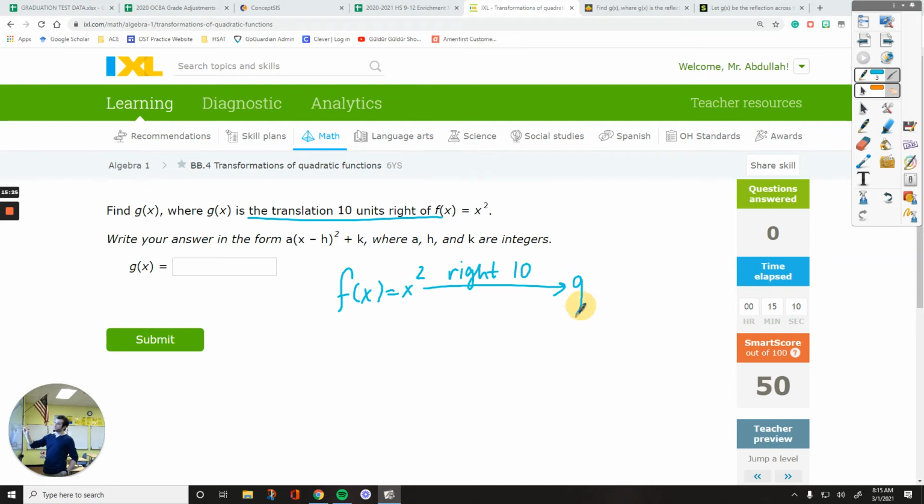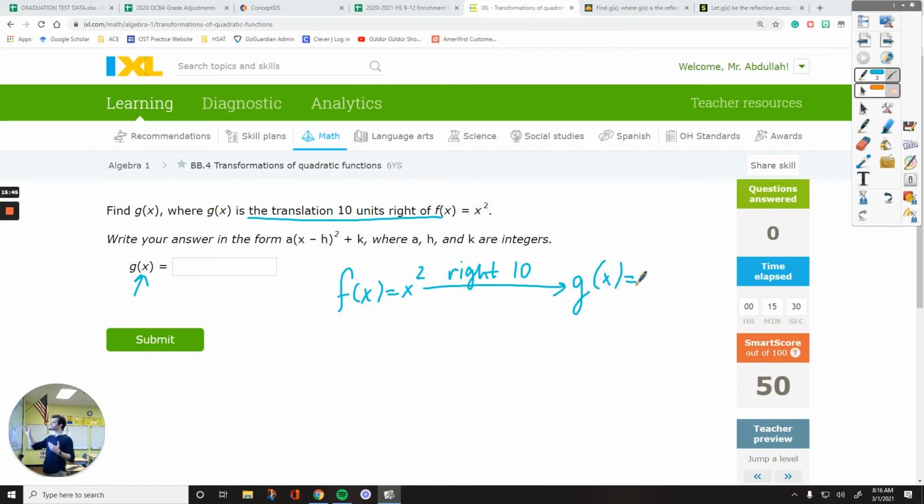Translation, it will turn into g of x after that translation. Remember what I told you about horizontal movement. Think about the opposite of what you think is the right thing. When it says right 10, I feel like I need to add 10 units, but we need to subtract.